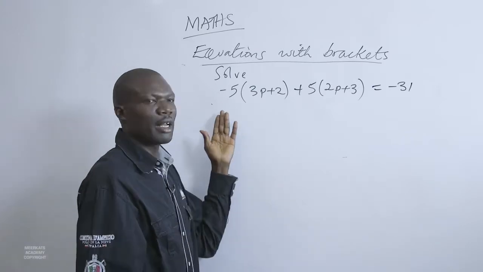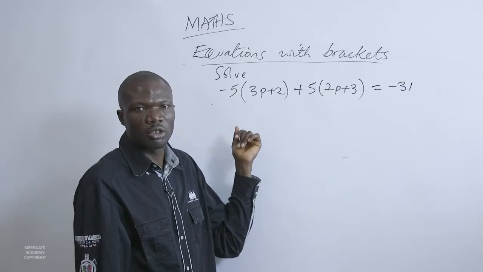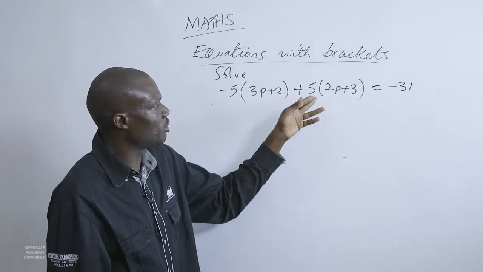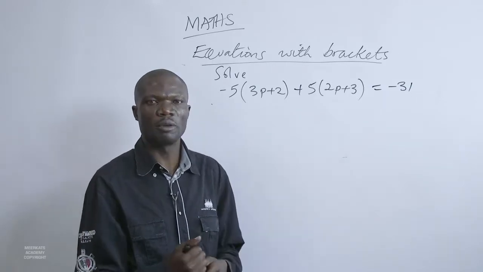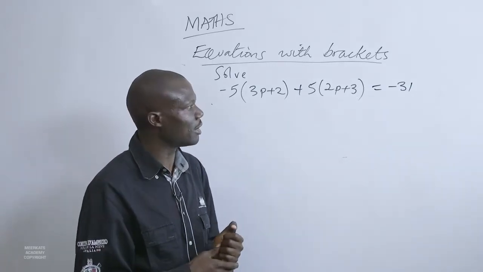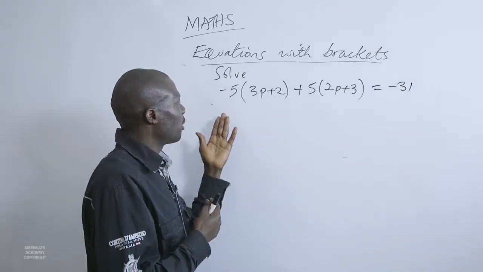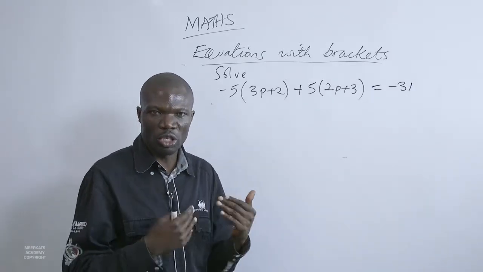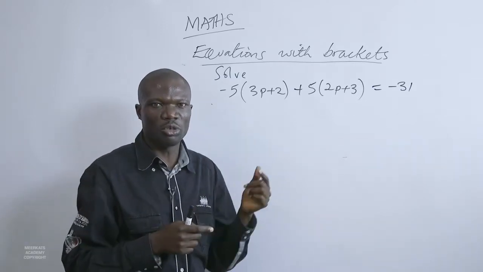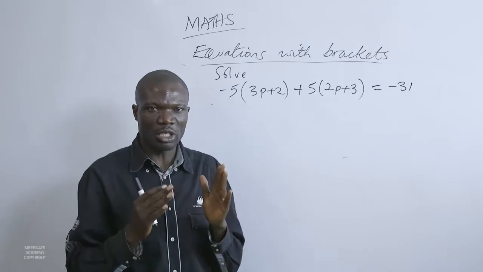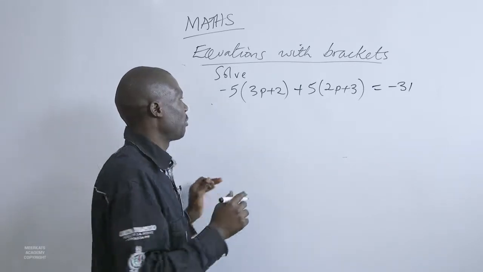Solve minus 5 into bracket 3p plus 2, close the bracket, plus 5 into 2p plus 3, close the bracket, is equals to minus 31. Now here, the distributive law will always be applied, but there is a different approach because what we have outside the bracket is a negative. So we need to observe that very carefully.